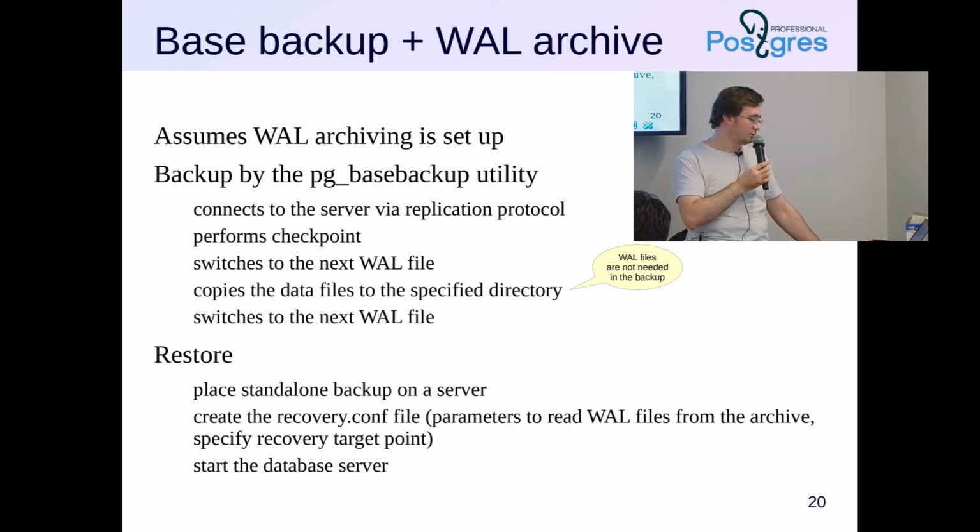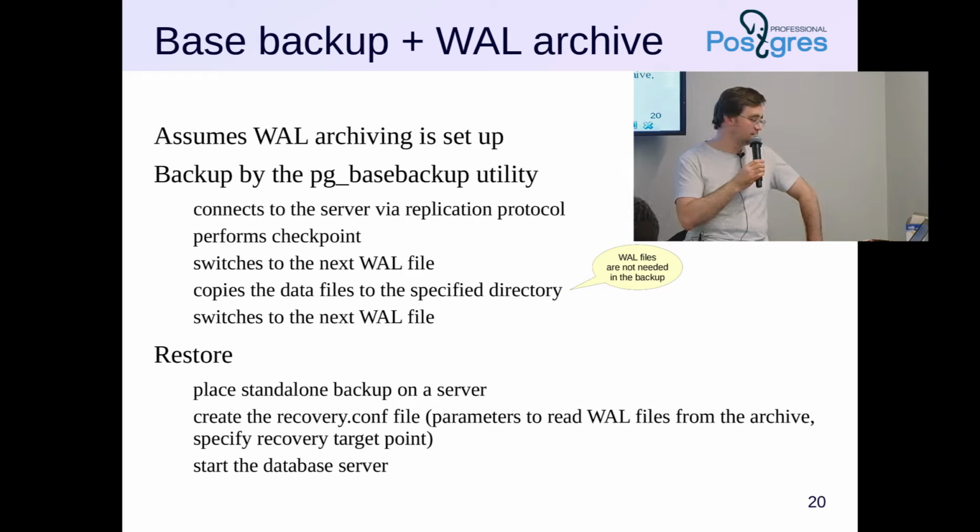And to restore, you copy your base backup to the server that you want, and then you have to create a configuration file, recovery.conf. This is a file which controls the recovery process.